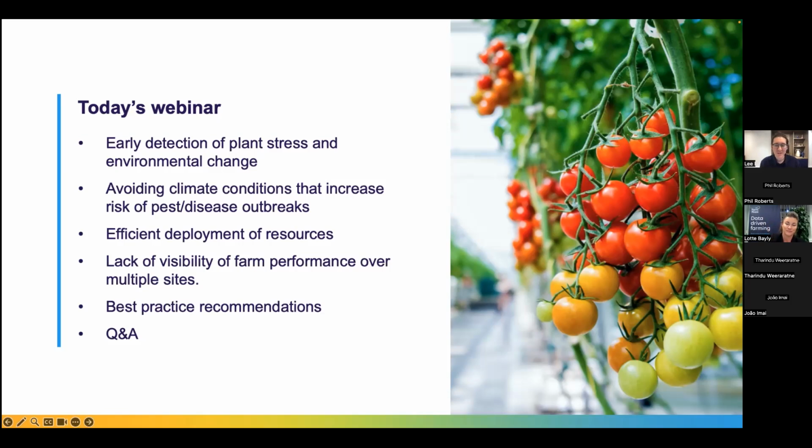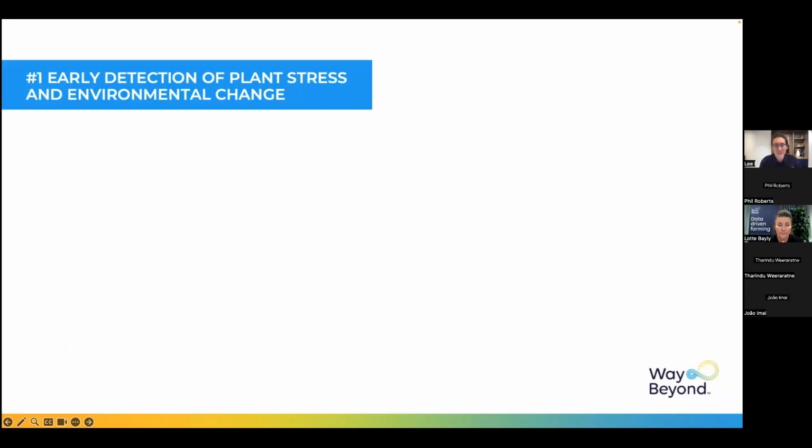As Lottie mentioned, we're going to draw on what we've heard from our growers in terms of how they address these issues using digital agronomy. To start off with, we're going to look at early detection of plant stress and environmental change. Over a growing cycle, plants can be exposed to various factors that induce stress. Growers aim to manage the effects of stress in order to keep plant development on target and to meet their production goals.